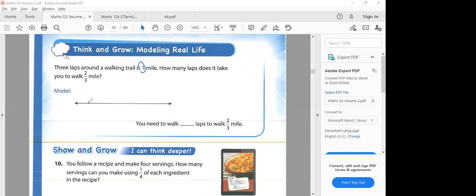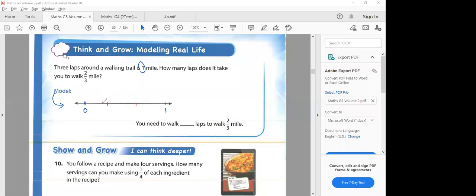We have to use this number line. So we're gonna start here with 0 and finish with 1. We will divide this number line into how many parts? 3. Excellent. 1, 2, 3.